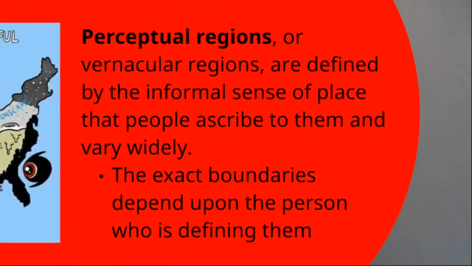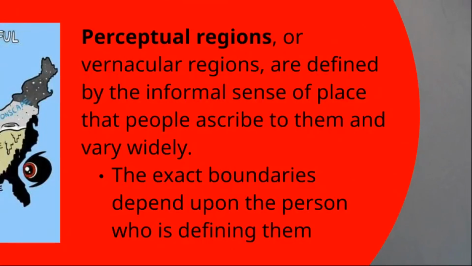The exact boundaries only depend on the person who is saying them. So this is a perceptual region of America only based on what is our worst natural disaster for the region. But you can see this isn't a formal region or any sort of functional region for those things. This is just the way that somebody drawing this map viewed those areas, and it could change depending on who makes the map.